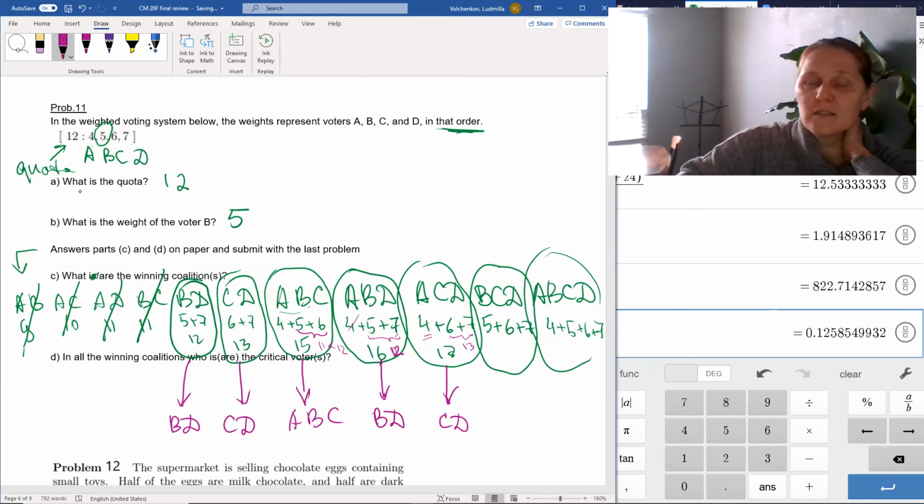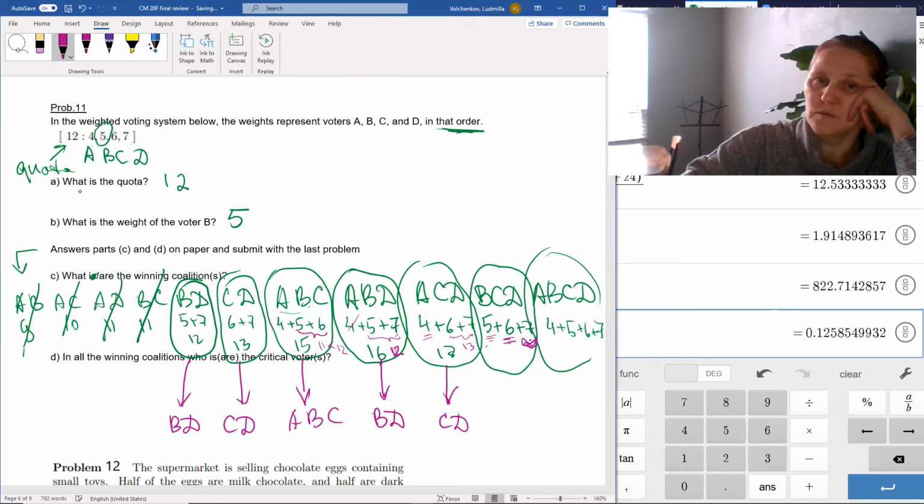In the last 3-member coalition, if you remove the smallest voter, 6 plus 7 is still 13, but if you remove 6, 5 plus 7 is 12, but if you remove 7, 5 plus 6 is 11.